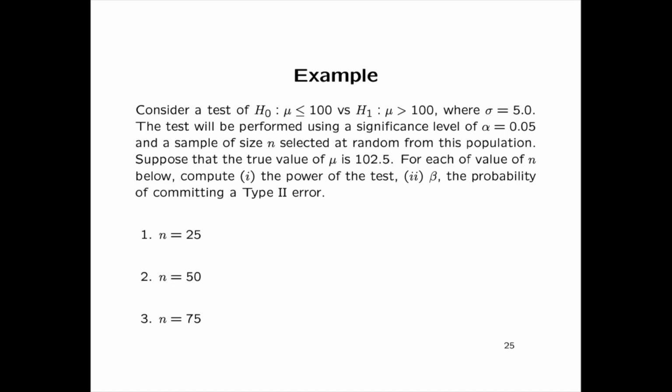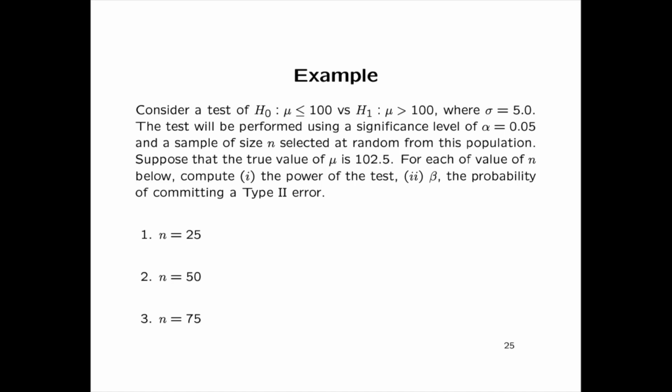Again, we are assuming that the population standard deviation sigma is equal to 5. And also, again, we're going to perform the test at a significance level of alpha equal to 0.05. In this example, we're going to let the sample size vary, and we're going to look at the impact of that changing sample size on the power function and the beta function.